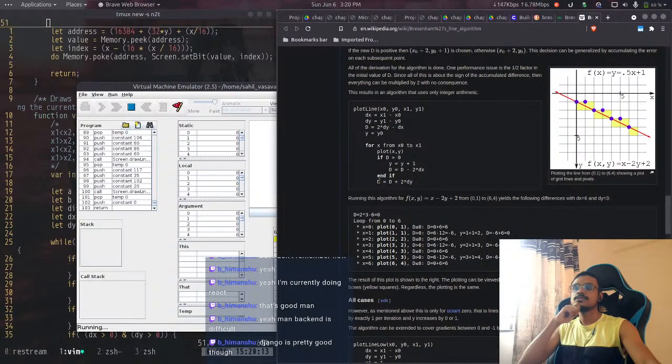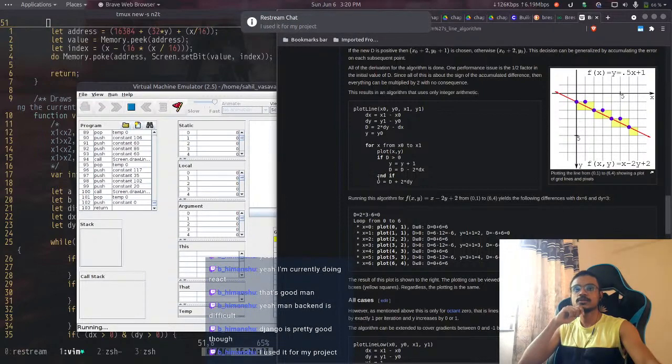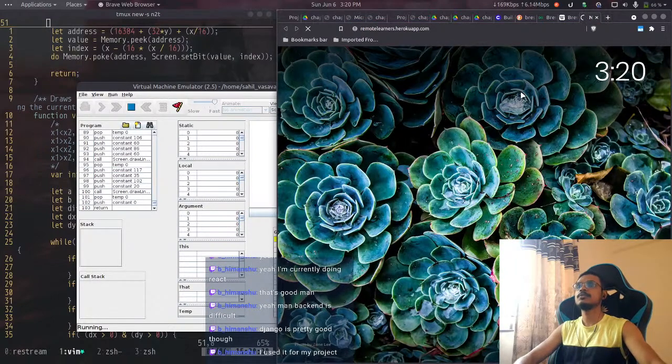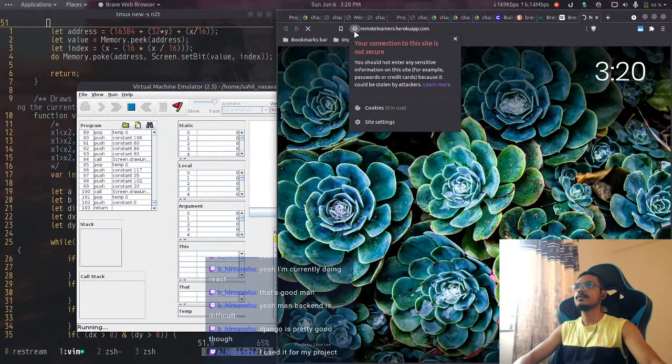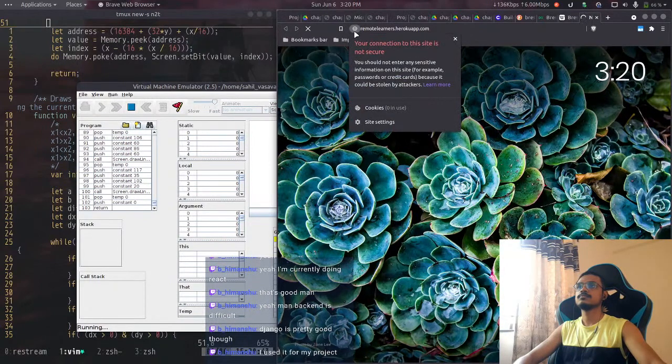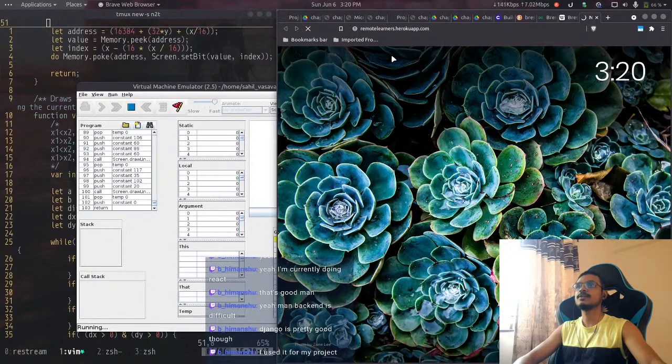I mean, I have not used it yet, so see, what I'm planning is, I created this web app 2 or 3 years ago. It's going to take a lot of time to load it up.